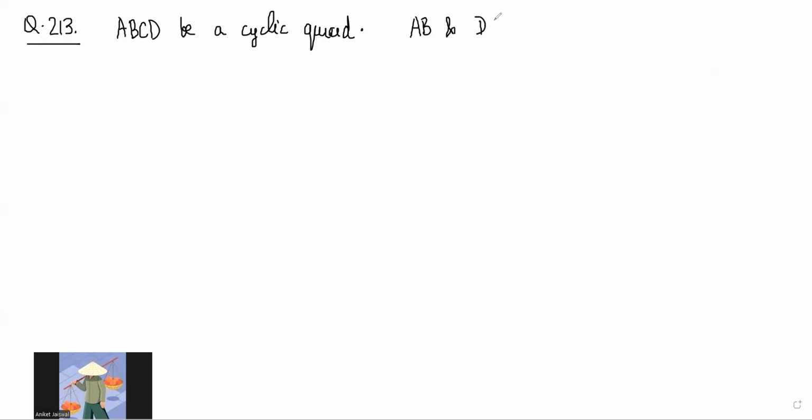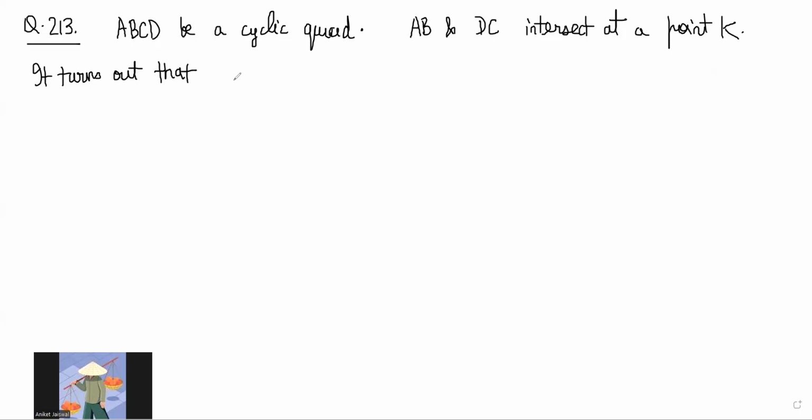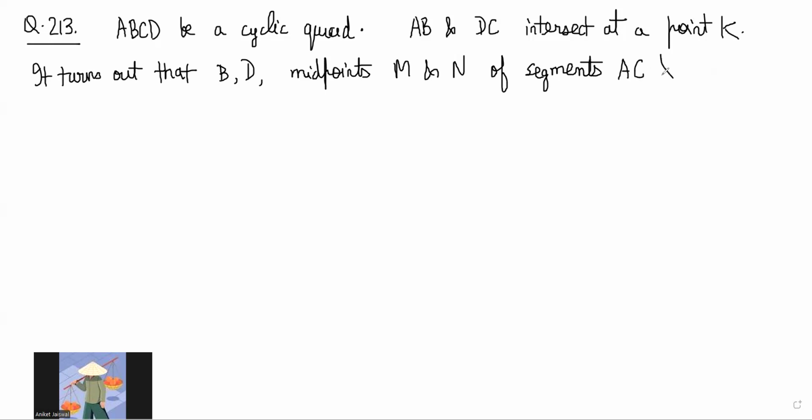AB and DC intersect at point K. It turns out that B, D as well as the midpoints M and N of segments AC and KC are concyclic.